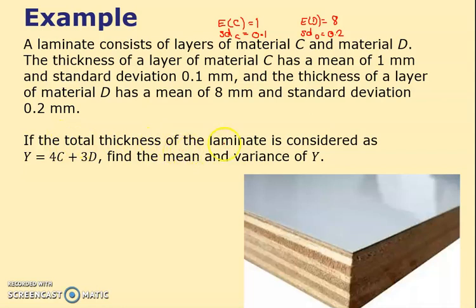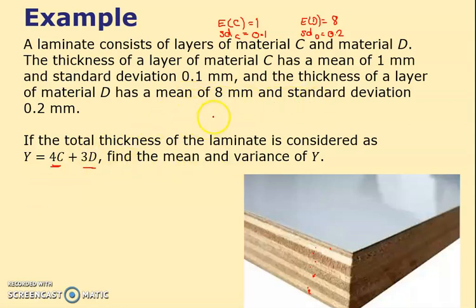If the total thickness of the laminate is considered as, oh, is this right? Is this what I've got? I've got different layers. So I don't know what the top and the bottom is, but it does seem to have 1, 2, 3, 4 of one and 3 of another. So that seems reasonable, doesn't it? It's 4C plus 3D, and this is the total thickness. And I want to know, given that, what the new mean and the new variance will be.